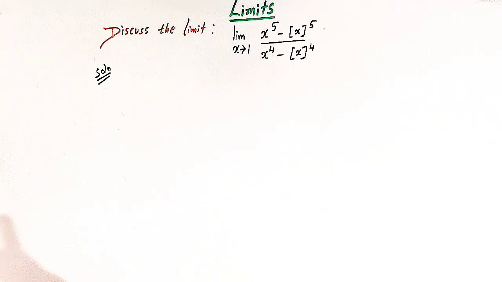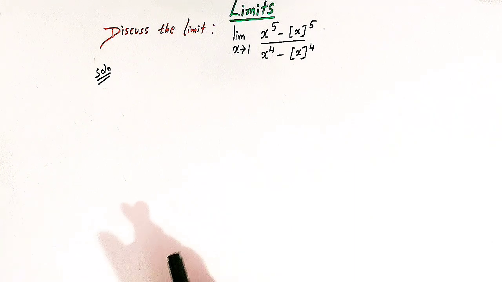And we see whether the right hand limit exists and it is finite. Similarly, we see whether the left hand limit exists and finite, and if right hand limit is equal to the left hand limit, then we claim that the limit of the function at the given point exists, right?